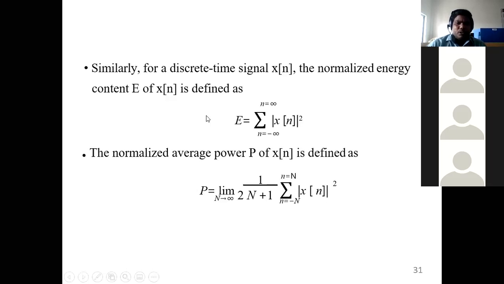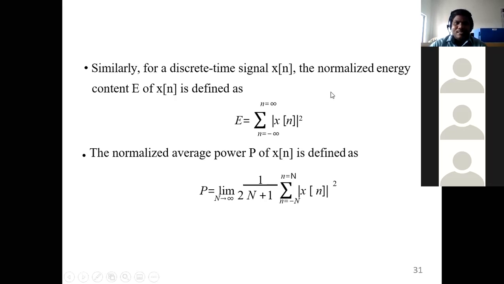Similarly, previously we explained continuous time signals, both energy and power signals. Now coming to the discrete time signal. A discrete time signal is nothing but an impulse-type signal, mathematically represented as x of n.